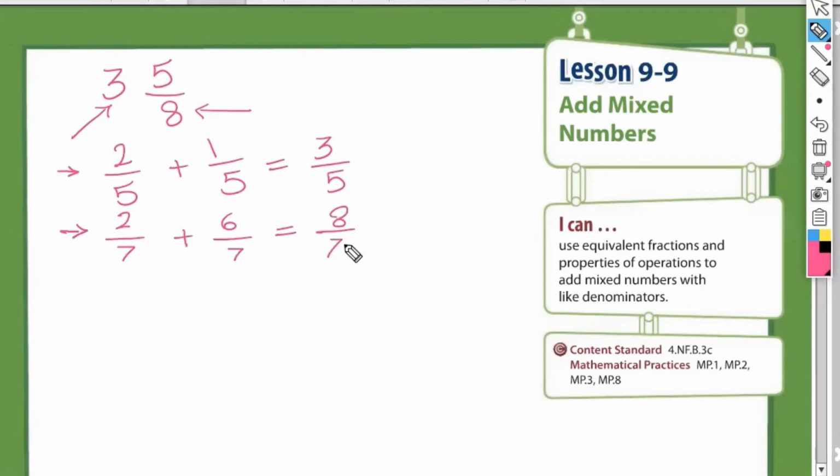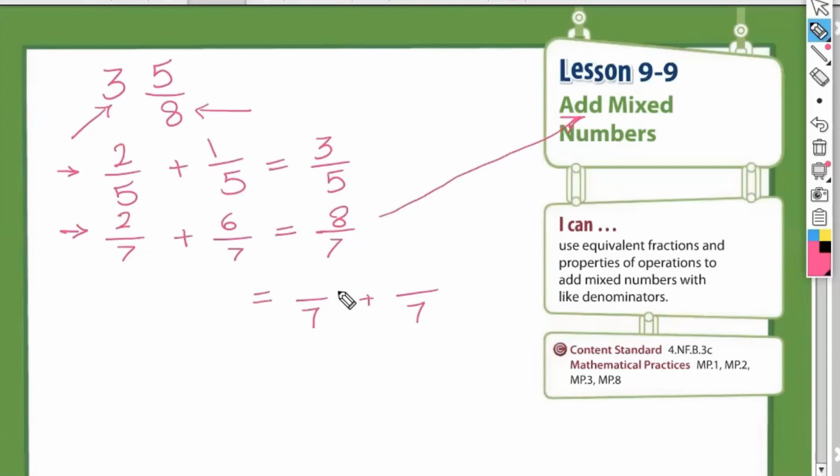Can I leave it like this? No, teacher. We have to change it or convert it into a mixed number. Into what, teacher? Into a mixed number. How? By decomposing. I can decompose 8 out of 7 into two fractions. When we decompose fractions, I will keep 7, the denominator, as it is, and try to decompose the numerator into two parts.